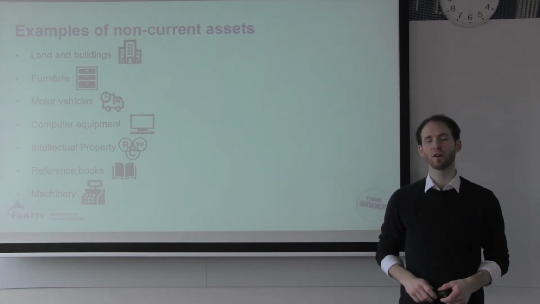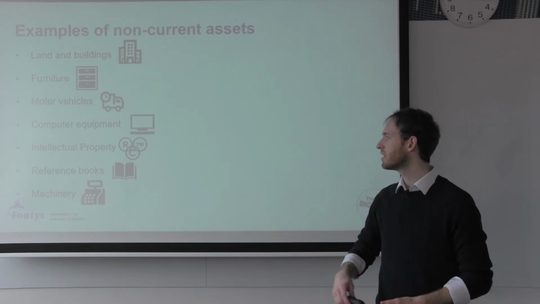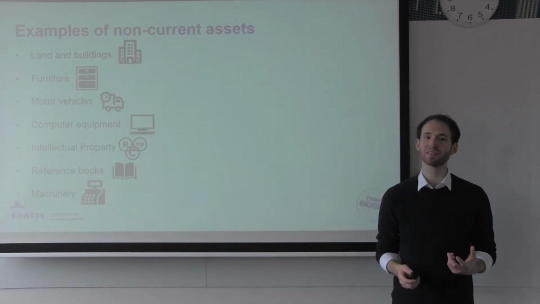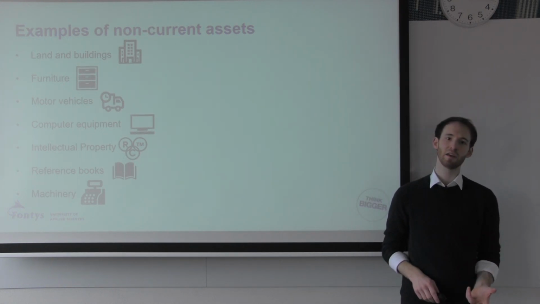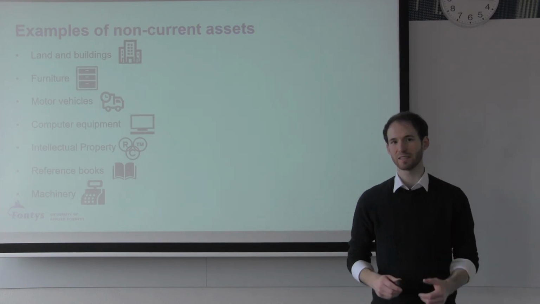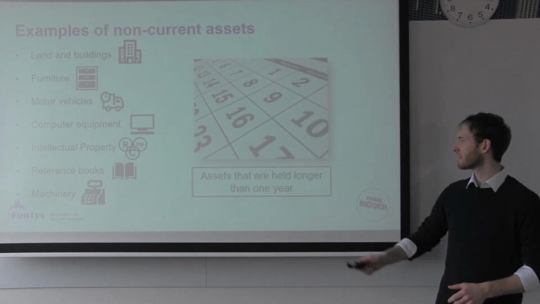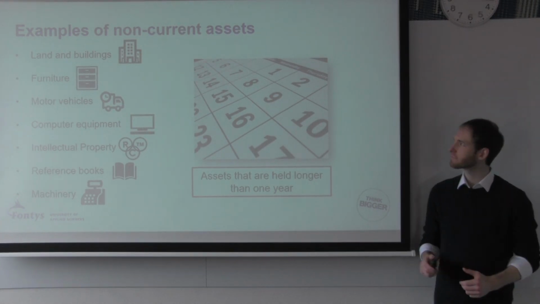Books that you use for your business, for training purposes, machines, and so on. So there are also numerous examples of what non-current assets are. Important is they are there for more than a year and they meet the classical 4 characteristics of what assets are. So important, as said before, they're held for longer than 1 year.